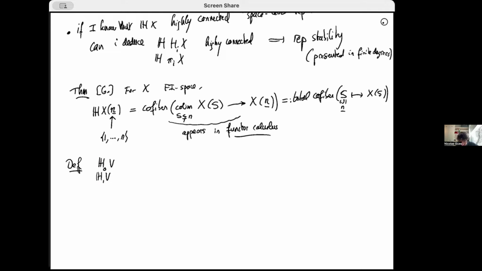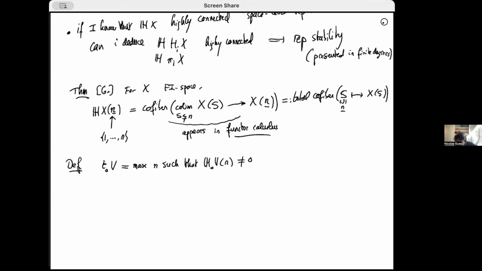And what I want to control is, I want really a quantitative result. So I'll define the generation degree of V, t0. So there are many ways to define it, but I'll say that it's the maximum n such that H0 of V of n is non-zero.